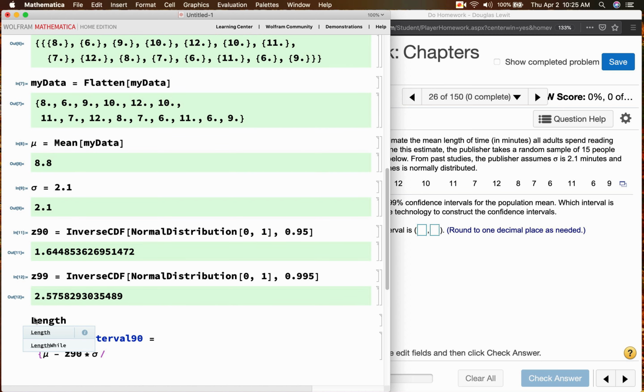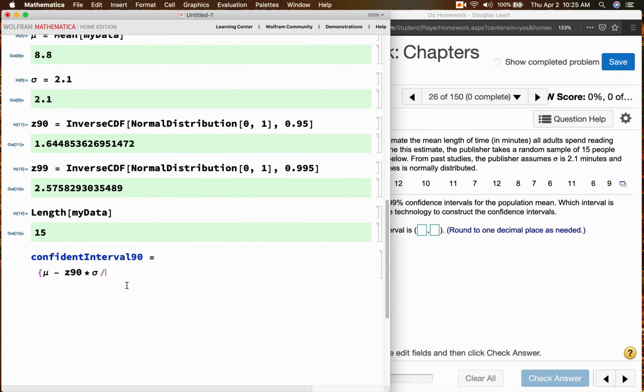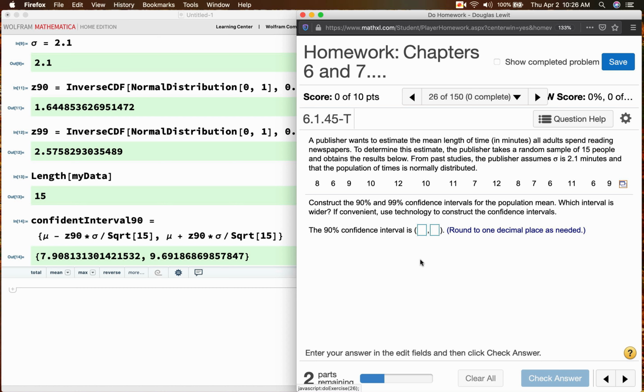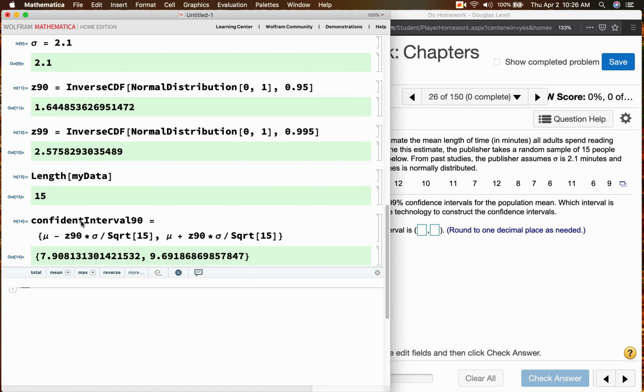The length of my data is 15, so I'm dividing by the square root of 15, and then mu plus z90 times sigma divided by the square root of 15, and that's going to be my 90% confidence interval. I meant to call it confidence, but it's the same.